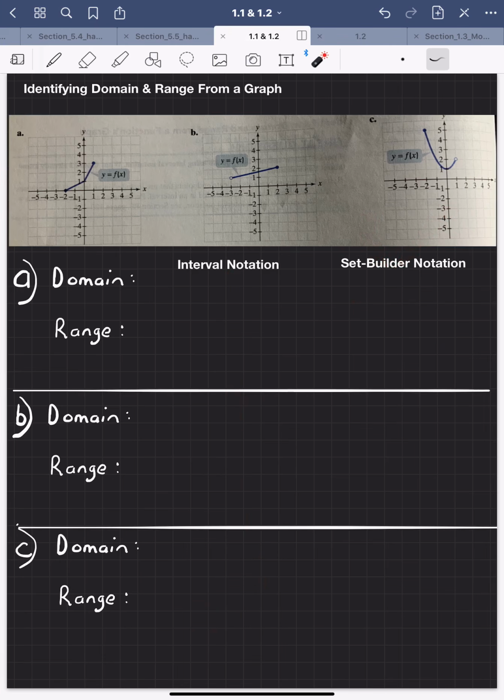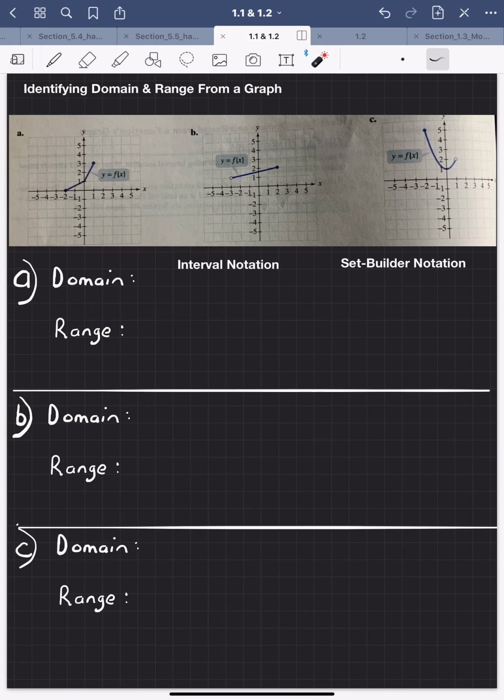Are you ready? The question still stands. Here's a graph. Tell me the domain. All right, can we agree that when we say domain, we have been talking about the x values?